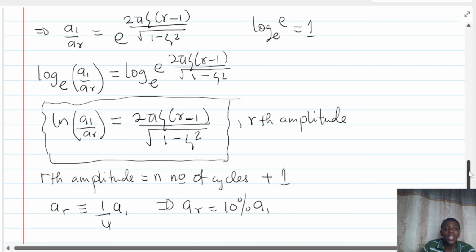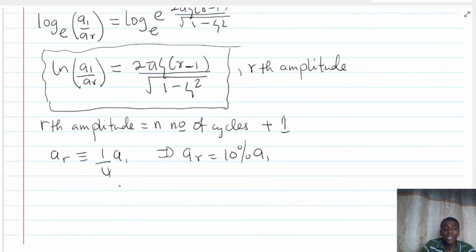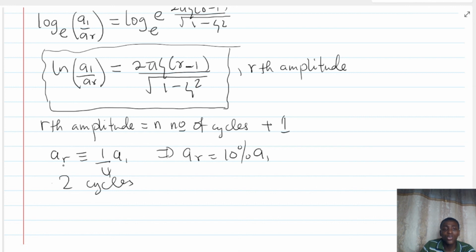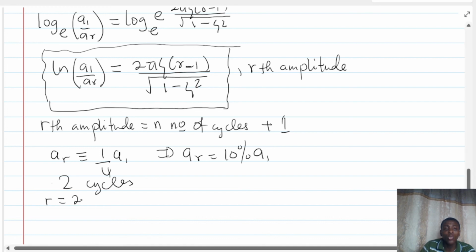So if I say after 2 cycles, the vibration amplitude reduces to 1/4 of the original value, then after 2 cycles, R will be 2 plus 1, which is 3. So after 2 cycles, I'll be at the 3rd amplitude. Therefore, A3 is 1/4 A1.